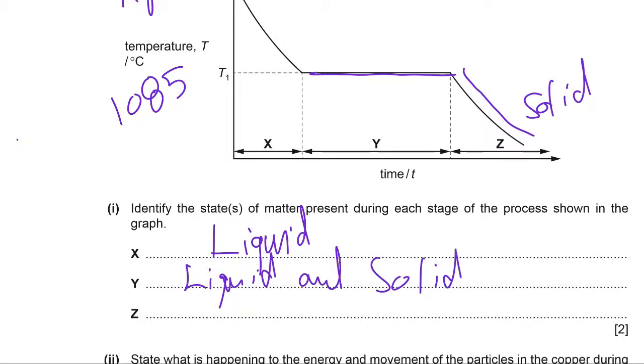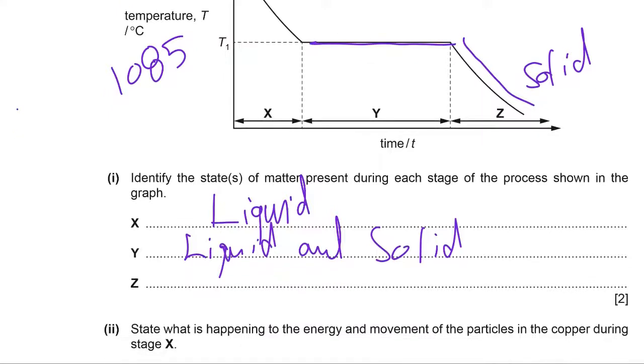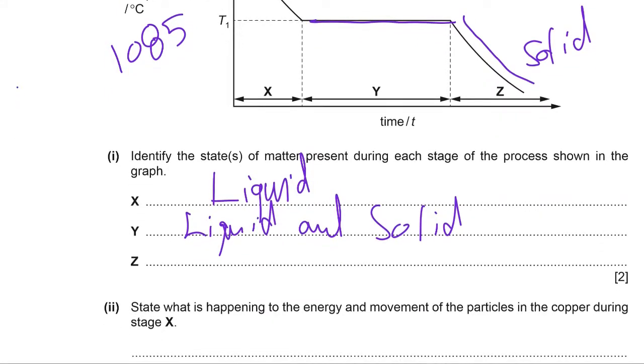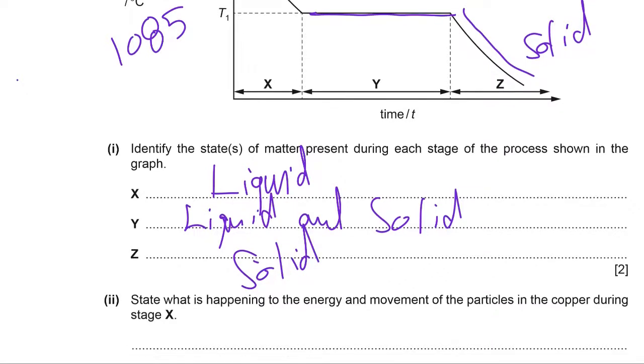Okay, not all the liquids are converted into solid. It's a critical point, the melting point. And Z, it's fully solid because it is less than the melting point.